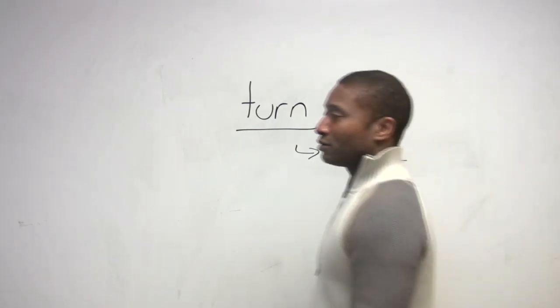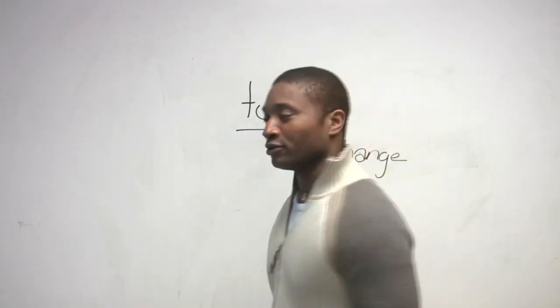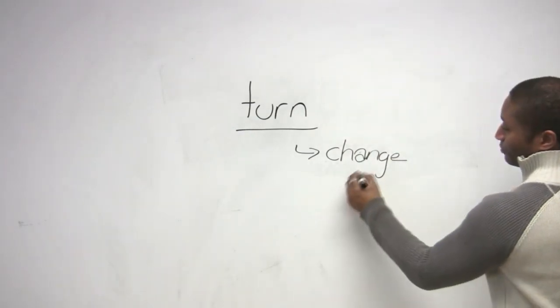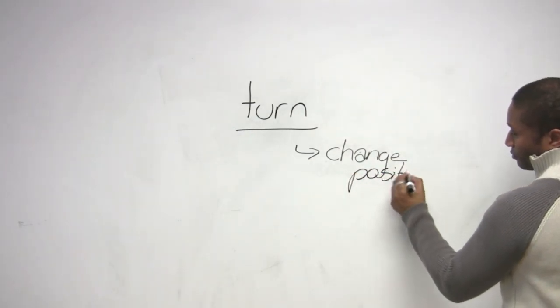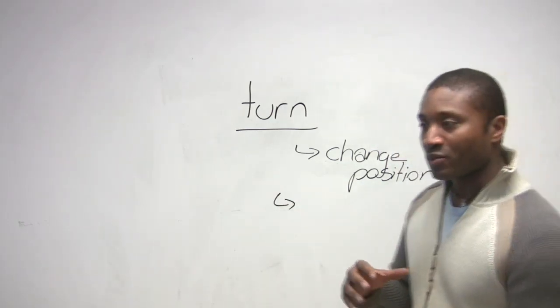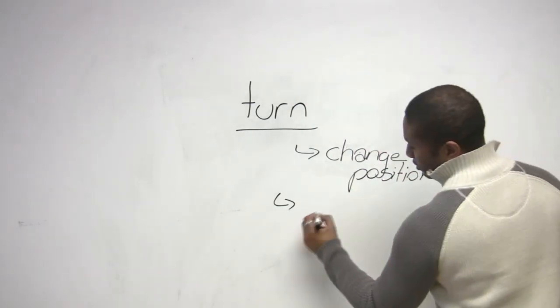Alright? Turn. Turn around. Okay, turn. See? Turn around, another one. Okay? So change position. Now number two is when we turn something we have an effect on it. Okay? Or an effect.